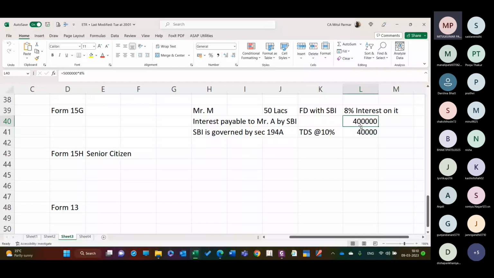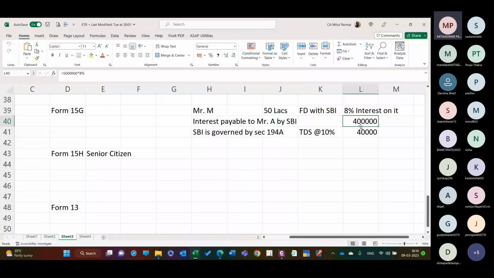This form is one kind of declaration where the recipient is certifying that he is not liable to pay tax because he has a lower income. Based on that certification, the deductor will not deduct the tax. So it will save time of the government, the department and everyone.